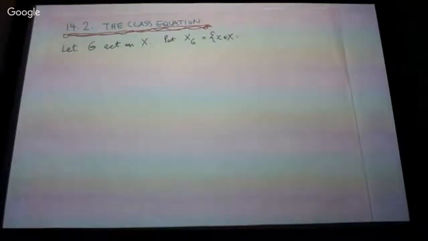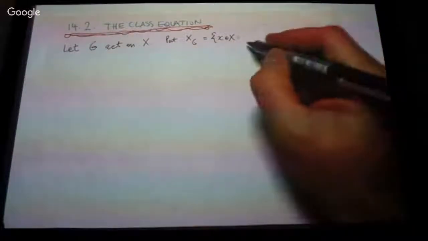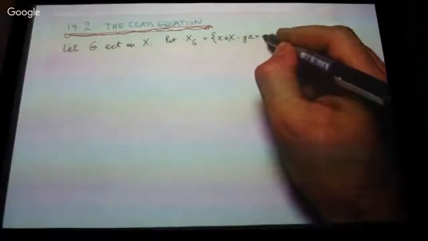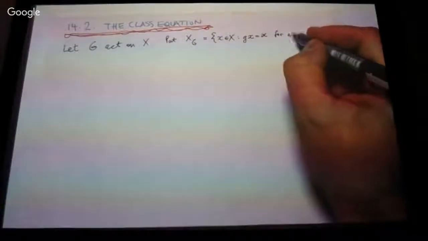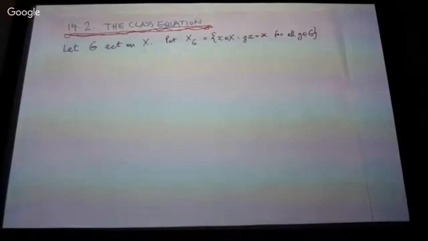But we don't have to. So this is the set of all X's such that all the elements of the group fix it. So it doesn't get moved ever, so its orbit is X only.